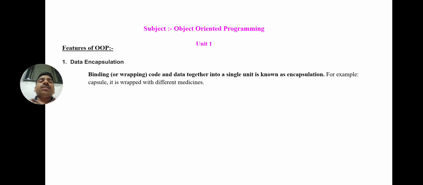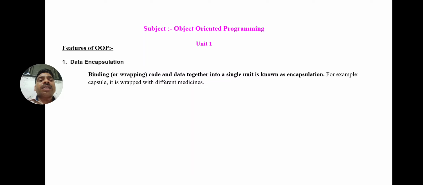Then some of the special features provided by object oriented programming languages, we'll see one by one. First one, data encapsulation. You know about the difference between a capsule and a tablet. A capsule is a combination of more than one type of material, and in a tablet a single type of material is used. So here encapsulation states that data members and member functions are bound together in a single unit.